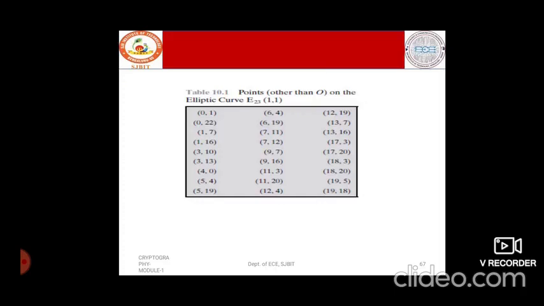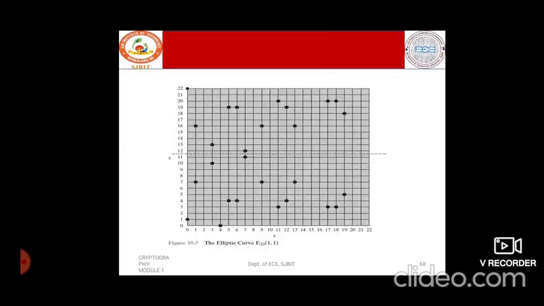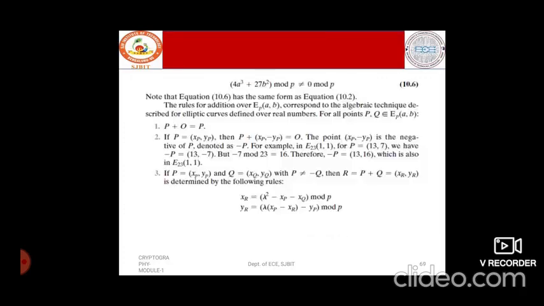So this is a table which shows the points, other than O, on the elliptic curve. This figure shows the points on this elliptic curve. And the rules for addition over Ep(a,b) correspond to the algebraic technique that is described for elliptic curves defined over real numbers.